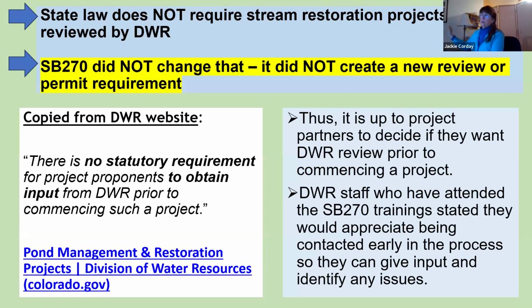They may know of a diversion point that you may not have been aware of, and you want to make sure your project doesn't impact it. So this is something important for every project proponent, project manager, and partner to think about. You have a choice. You don't have to, but it may be a good choice to go ahead and get that review.